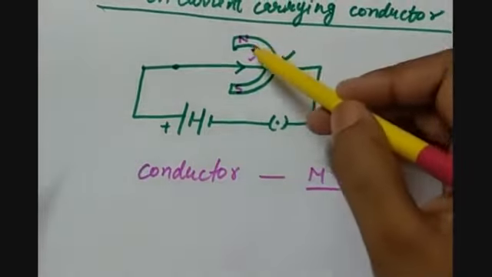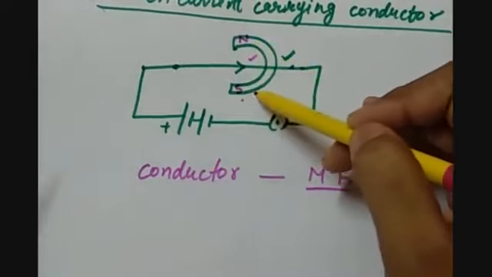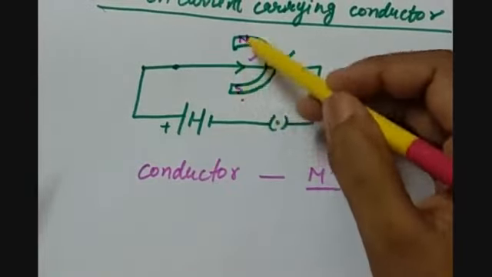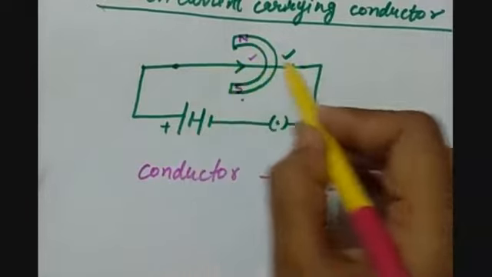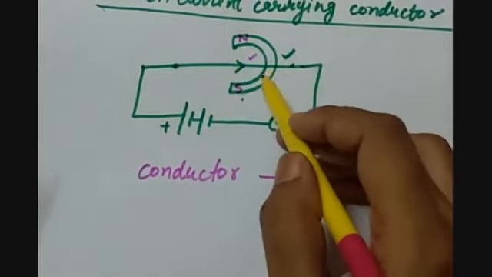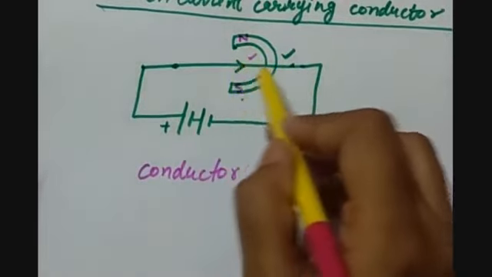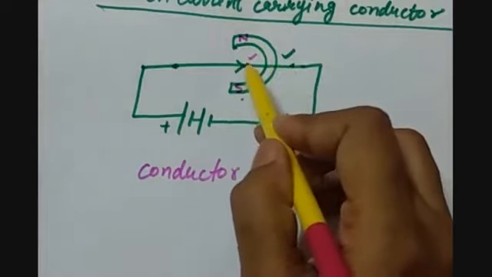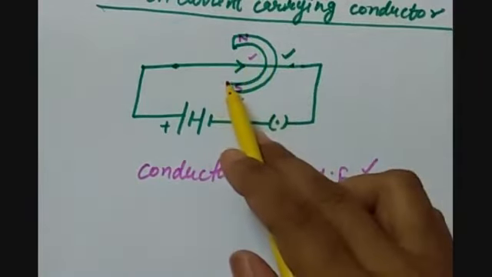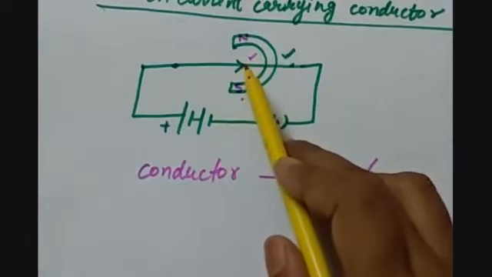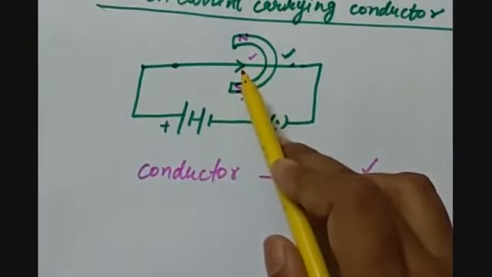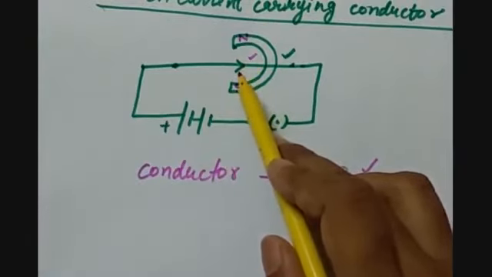So if this is the horseshoe magnet which creates a magnetic field and the current is in this direction, we can see here that magnetic field is perpendicular to the current flowing. That means at this situation the conductor will experience a force on it.